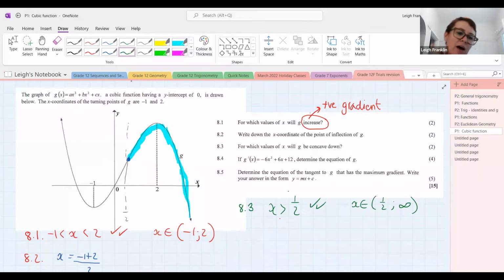Now they say to us, if g prime x is minus 6x squared plus 6x plus 12, determine the equation of g. What does this mean? What are they asking us to calculate? If g prime x equals minus 6x squared plus 6x plus 12, what are they asking us to calculate?